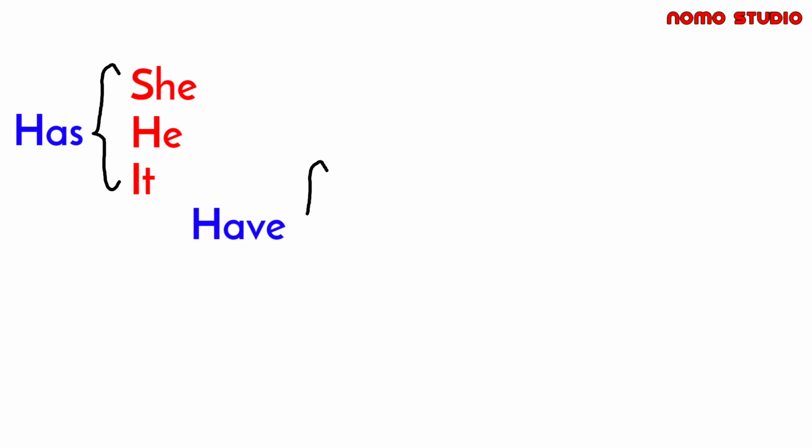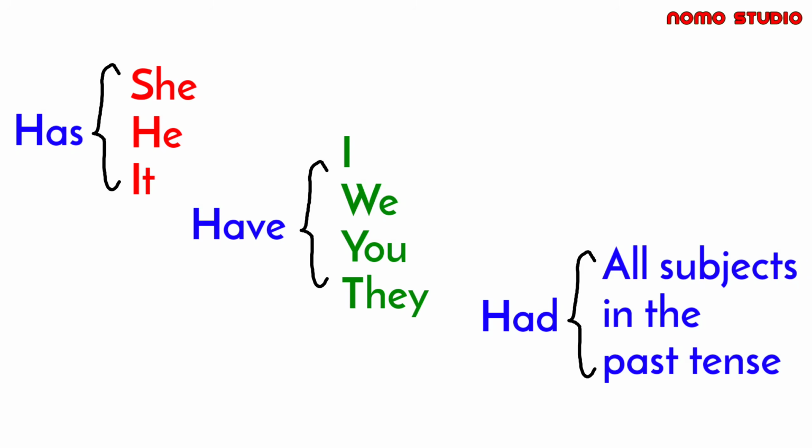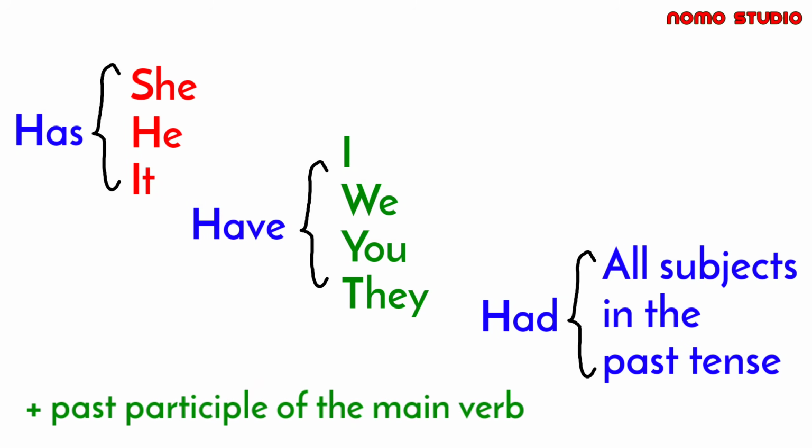Have naman ang gagamitin kapag first person singular like yung I. Tapos yung second person singular and plural like yung you. And all plural subjects like we and they. Had naman ang gagamitin for all the subjects of the sentence in the past tense to indicate a completed action that is ended in the past, followed by the past participle of the main verb.